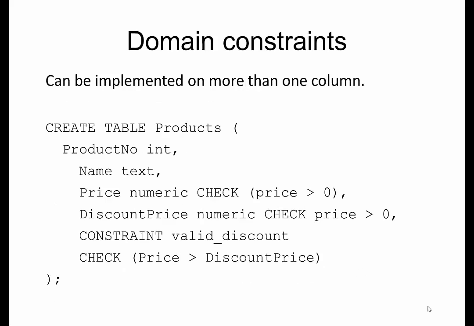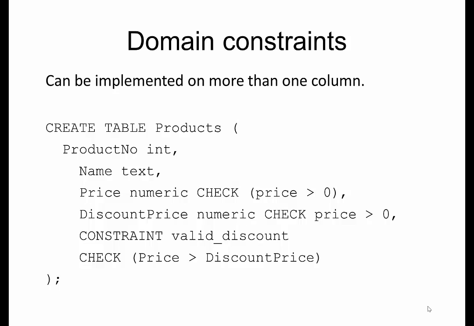So that's quite simple. And these constraints can be more complicated. Here we've got the same table, slightly increased. We've got a check on the price that it is greater than 0. And we've then got another field called discount price, again a numeric. We've got another check constraint on this, that the price has to be greater than 0. So that's just reiterating that. And then we have a constraint here called valid discount.